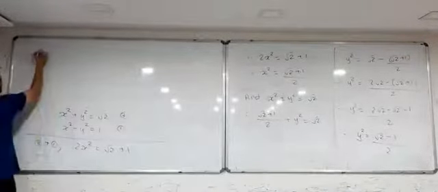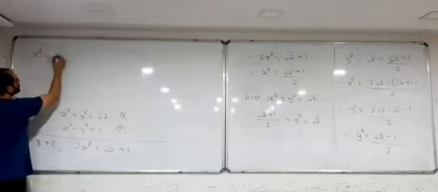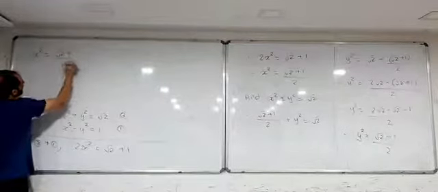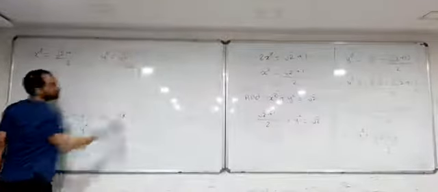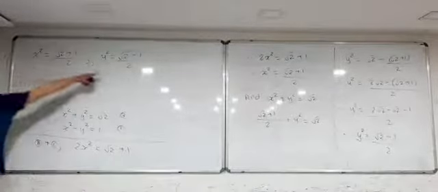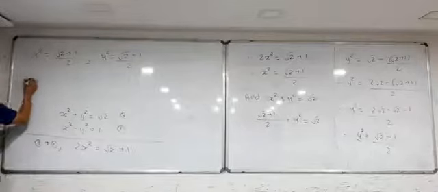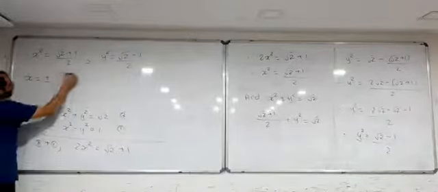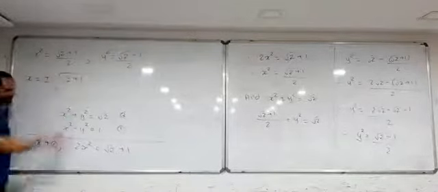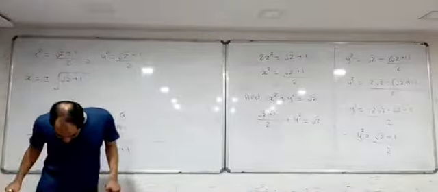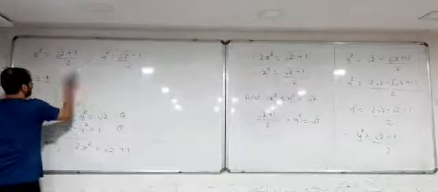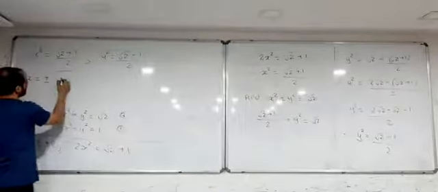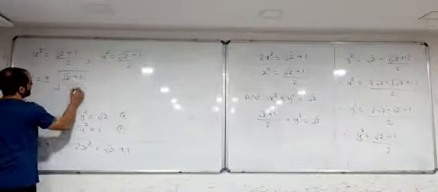So x square we are getting root 2 plus 1 upon 2, y square we are getting root 2 minus 1 upon 2. Both the values are positive. x square is positive, y square is positive. What will x be? We don't know. Plus or minus the whole square root of root 2 plus 1 upon 2.